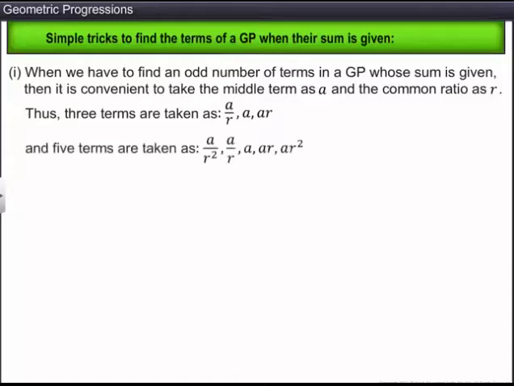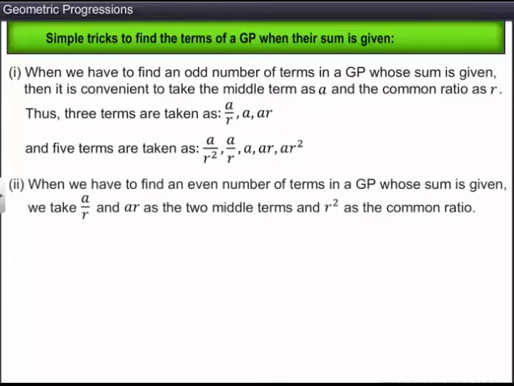When we have to find an even number of terms in a GP whose sum is given, we take a upon r and a into r as the two middle terms and r square as the common ratio.